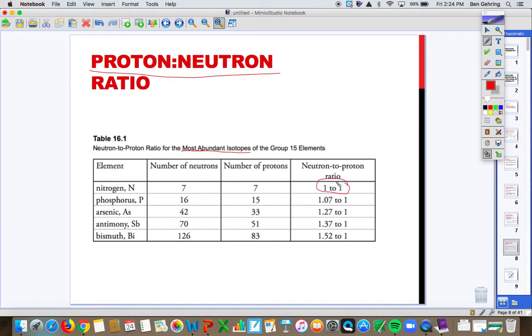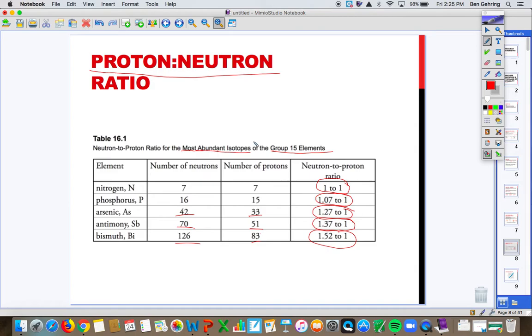As I go down group 15, below that is phosphorus, with 15 protons and 16 neutrons, so a 1.07 to 1 ratio. Arsenic has 33 protons and 42 neutrons, a 1.27 to 1 ratio. Antimony is 51 protons to 70 neutrons, which is 1.37 to 1, and bismuth is 83 protons and 126 neutrons, which is 1.52 to 1.